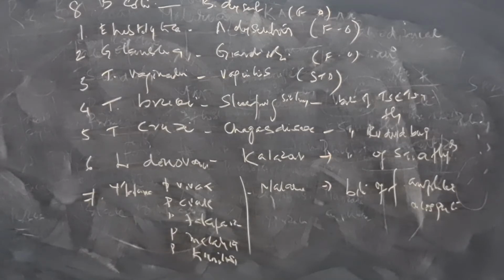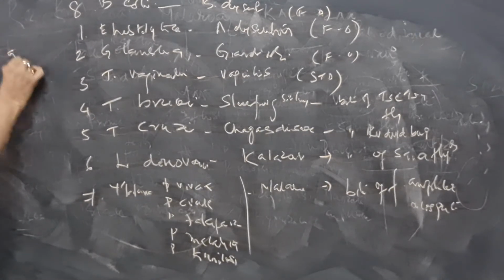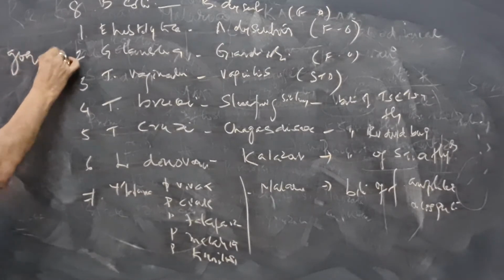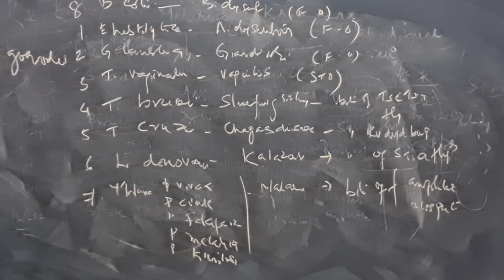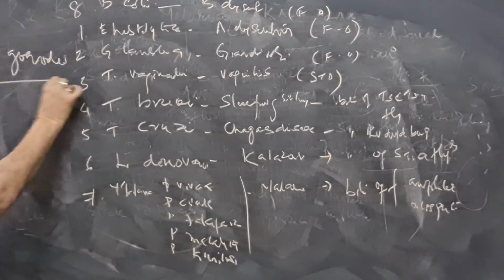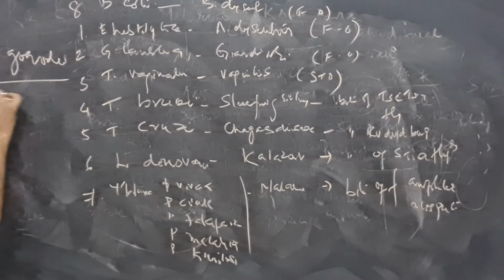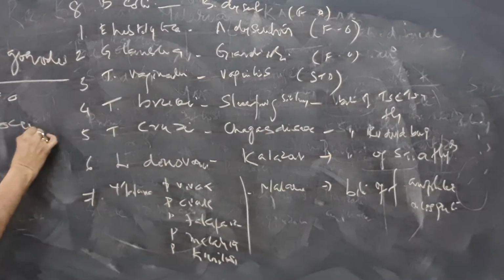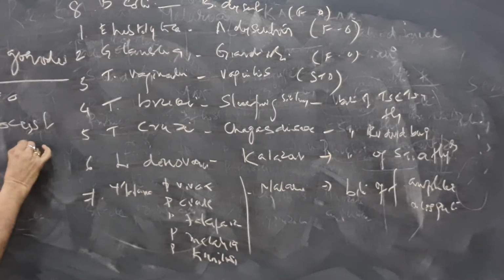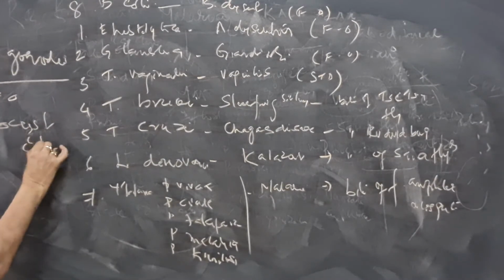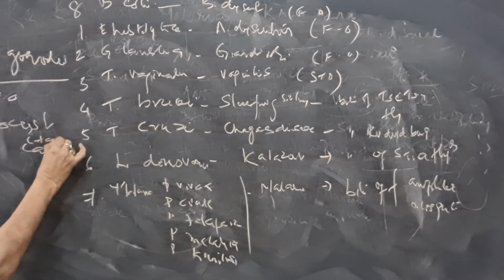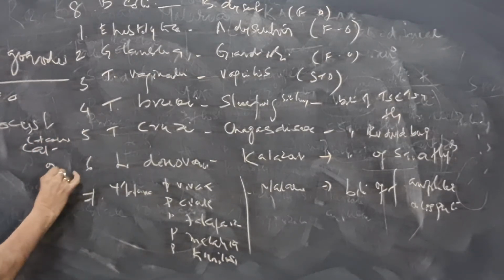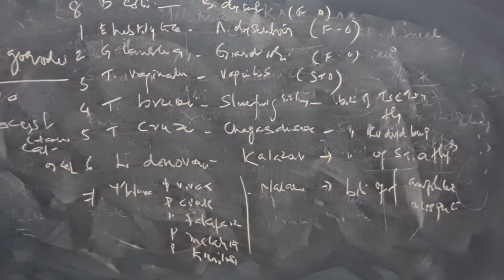Then ninth, Toxoplasma gondii. Again it is the fecal route, oocysts present in the feces of the cat. Man gets infected by the feces of the cat.